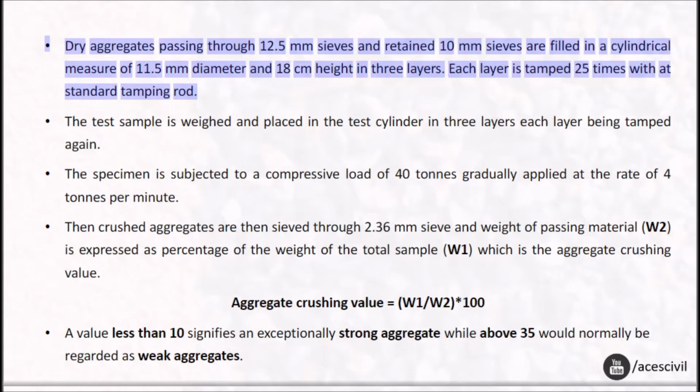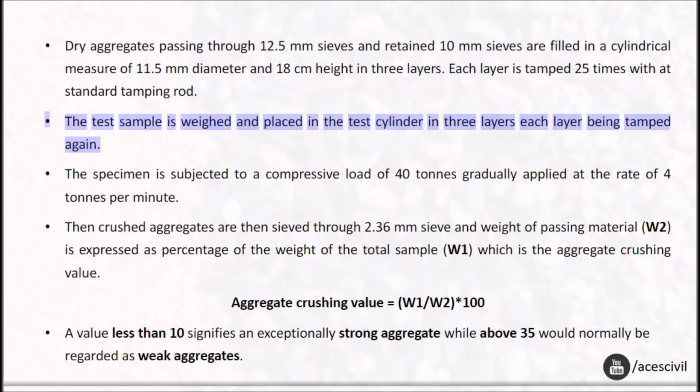Dry aggregates passing through 12.5 mm sieves and retained on 10 mm sieves are filled in a cylindrical measure of 11.5 mm diameter and 18 cm height in 3 layers. Each layer is tamped 25 times with a standard tamping rod.